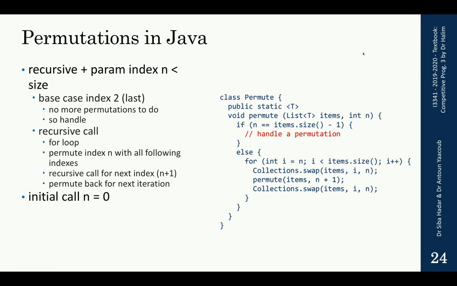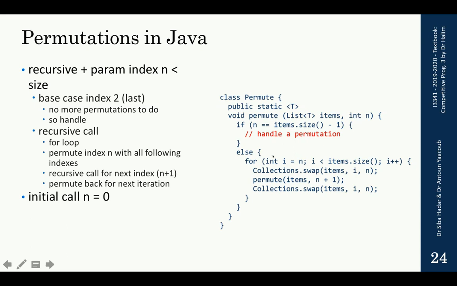Here n plays the role of the iteration number. When the iteration reaches the size of the items, I have the full permutation, and I handle it, for example, I count it, I display it, etc.